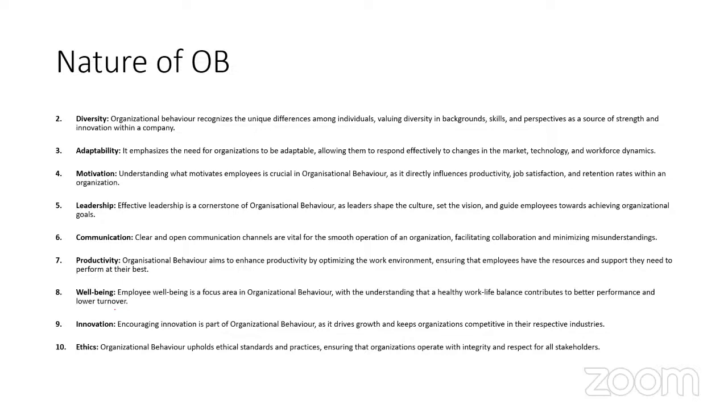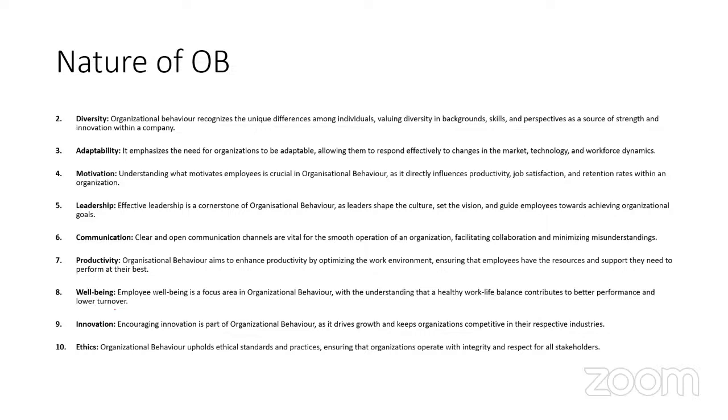That is what this point talks about. Then adaptability, right? So this principle talks about the need for organizations to respond to change in the market, in the technology, in workforce dynamics. Every organization has to change itself according to the changes that are happening in the external environment.